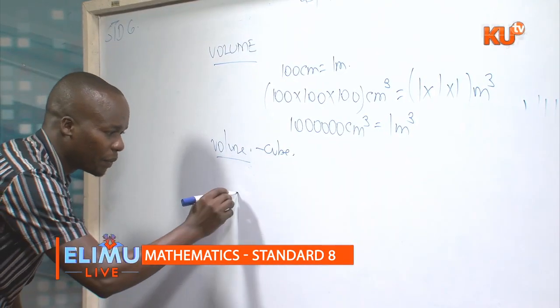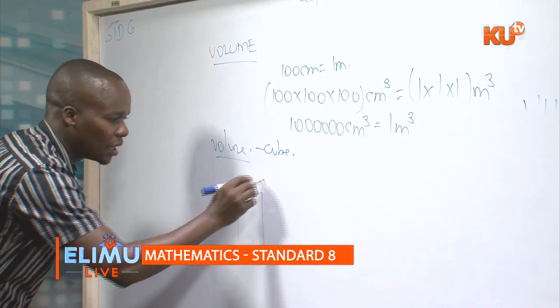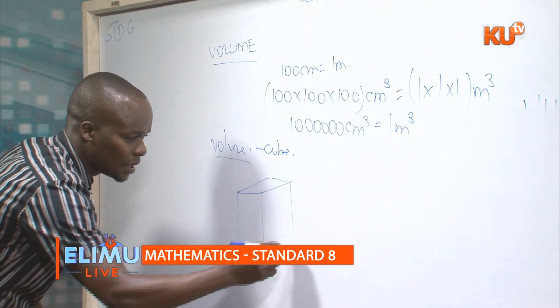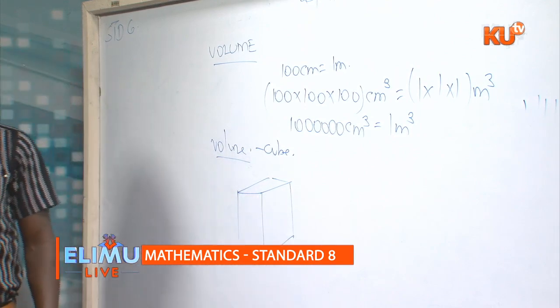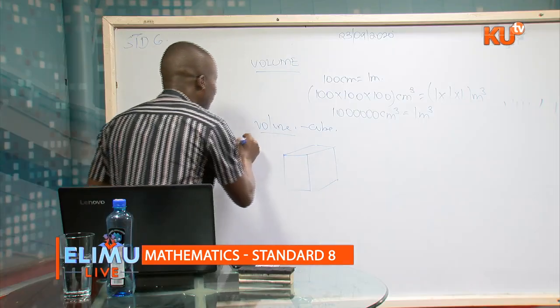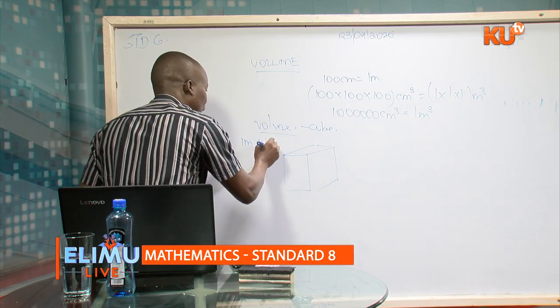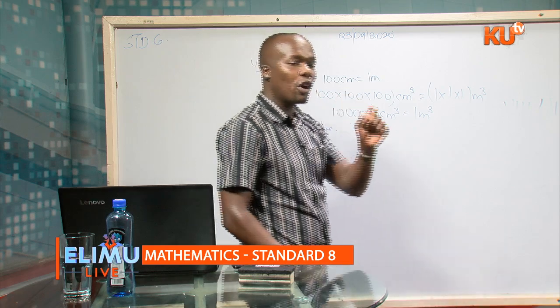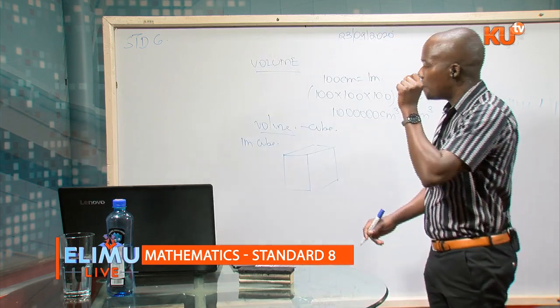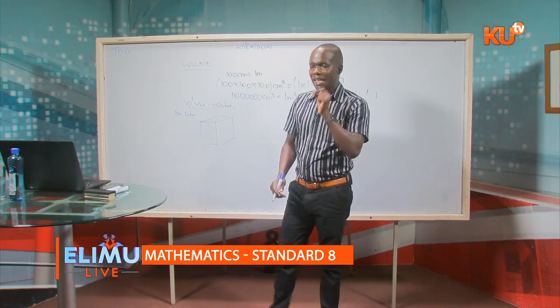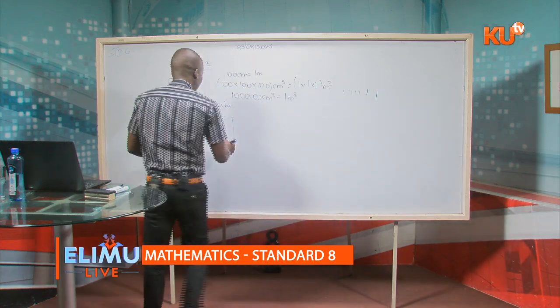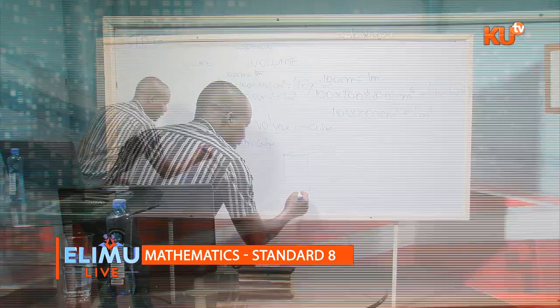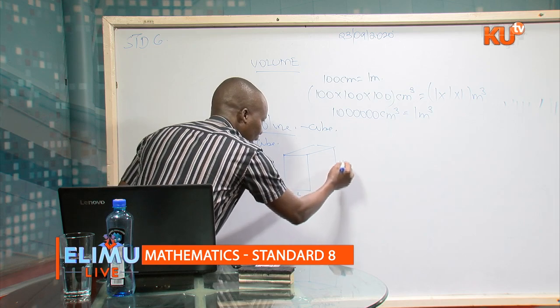A cube has all its sides equal. Let's say we have a 1 meter cube. To find the volume of a cube or a cuboid, we will multiply all its sides, that is length, width, and height.